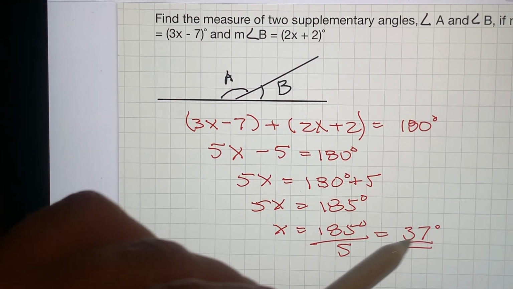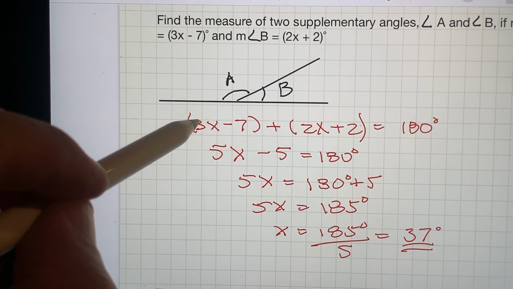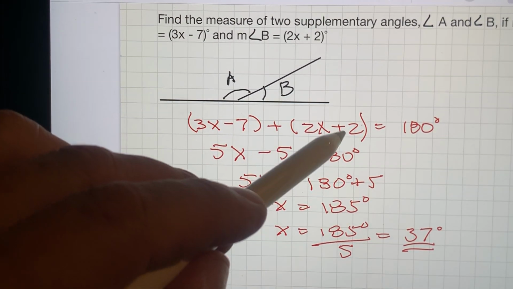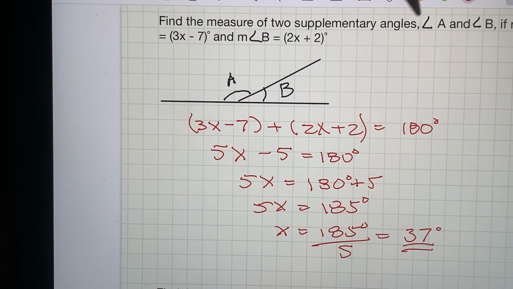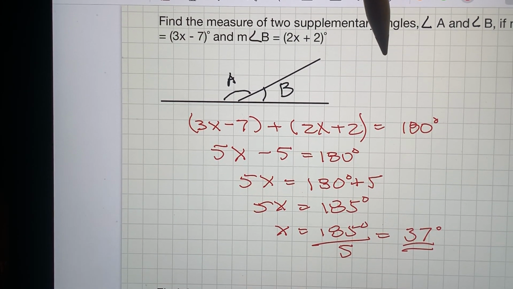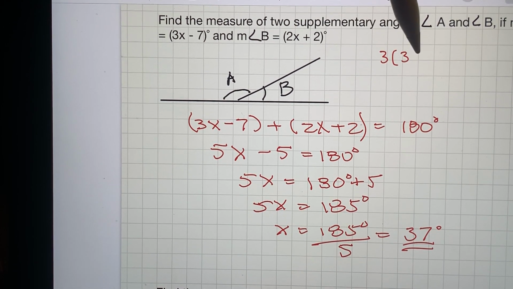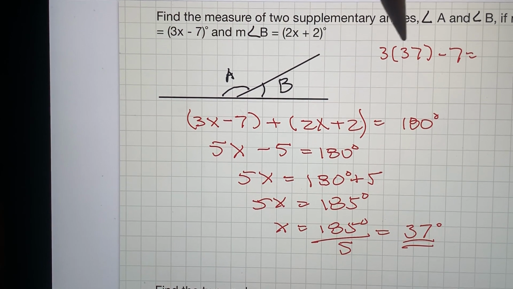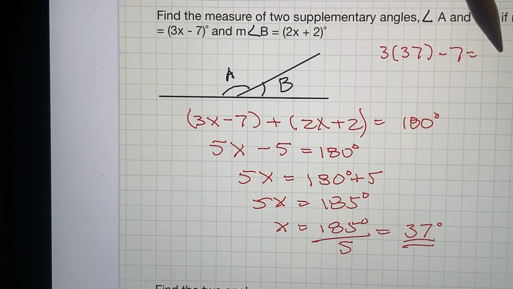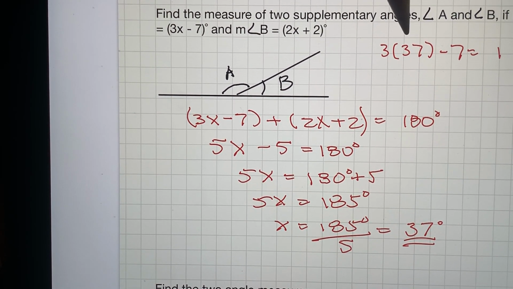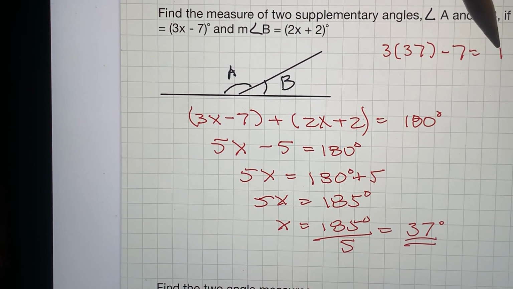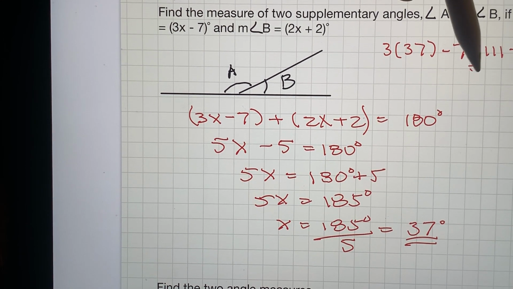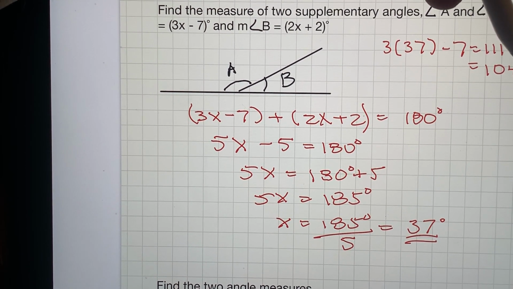But we have to replace 37 into this parenthesis and this parenthesis. So that means that angle A will be the same as 3 times 37 minus 7. And that is the same as saying 3 times 7, 21, you carry 2, 3 times 3 is 9, plus 2 is 11, minus 7, and that would be 104 degrees.